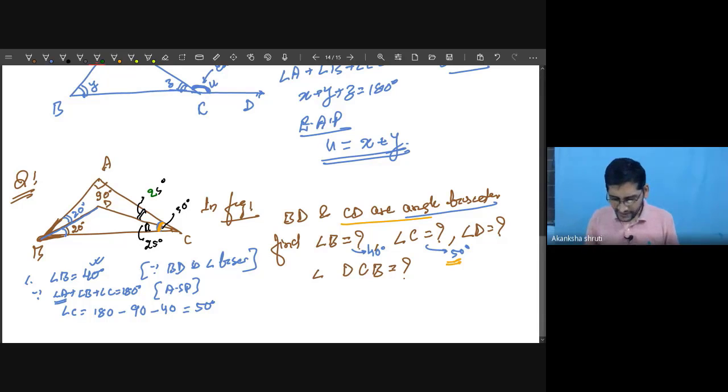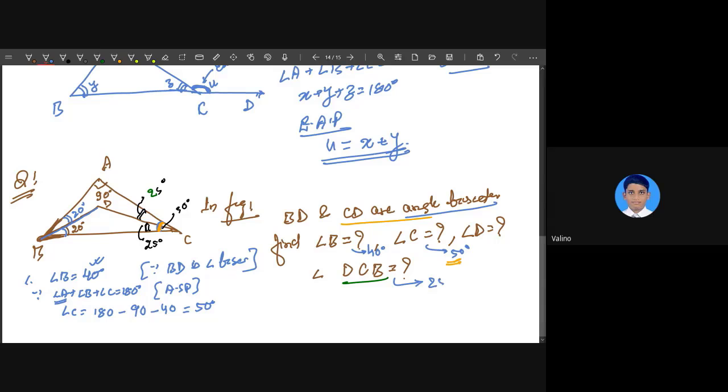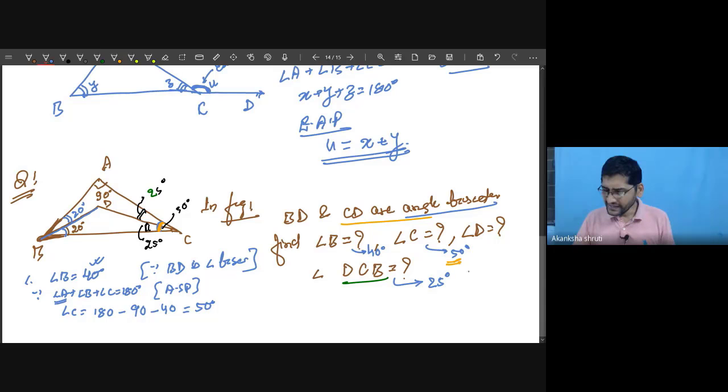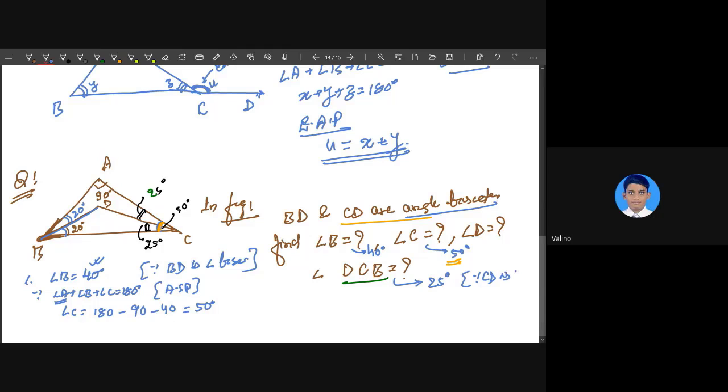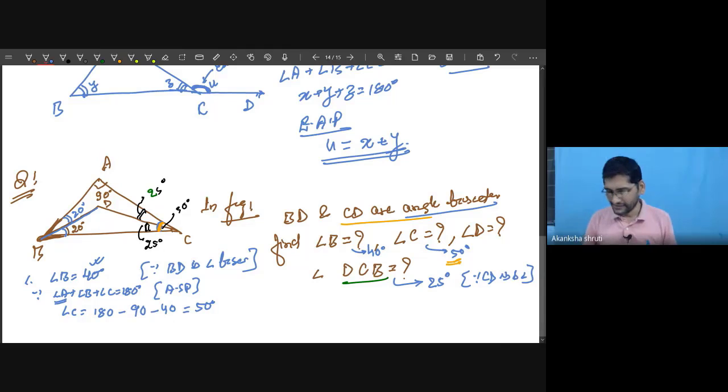Is it okay? Now after this, calculation of D is very easy. So CDB was also asked. This becomes how much? 25 degree. Why? Because CD is bisector of the angle.